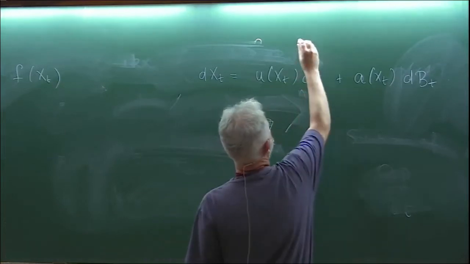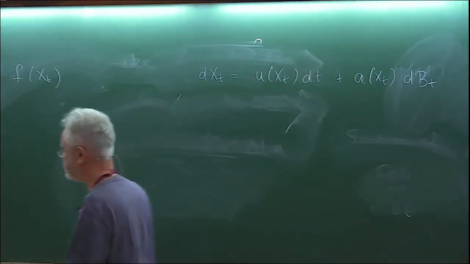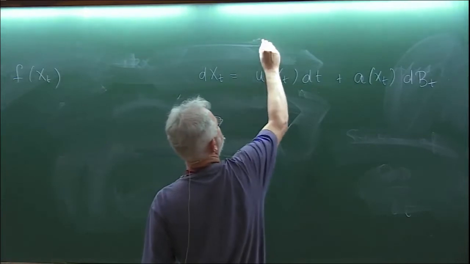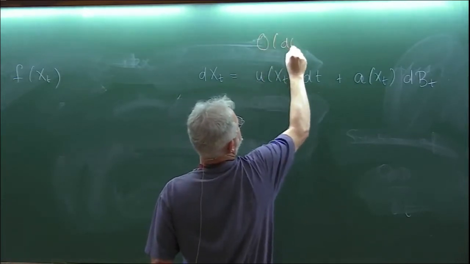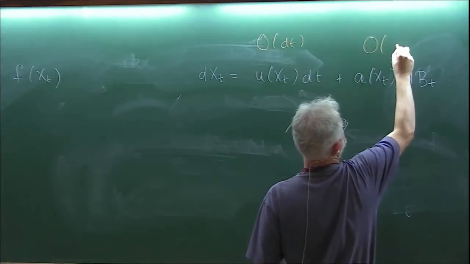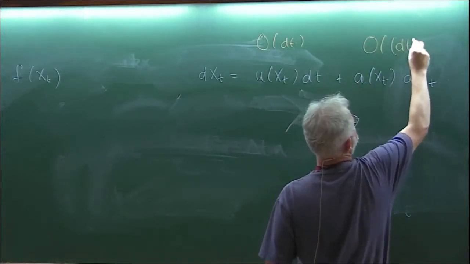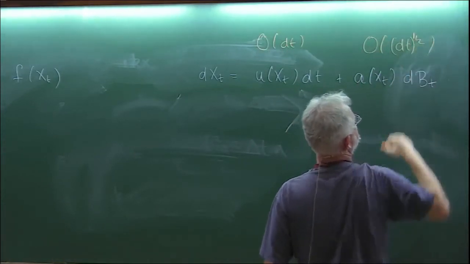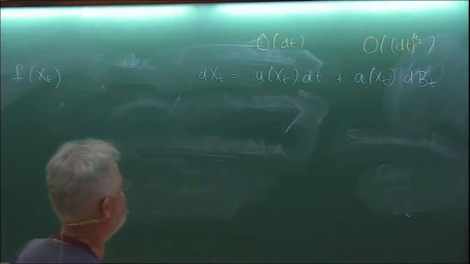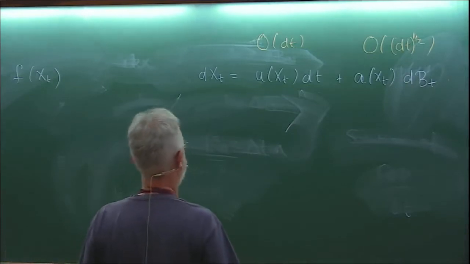This term here, the drift term, is order dt. And the term here is of order dt to the half, because we said that dB_t squared on average is equal to dt. So morally, dB_t is of order delta t to the half.